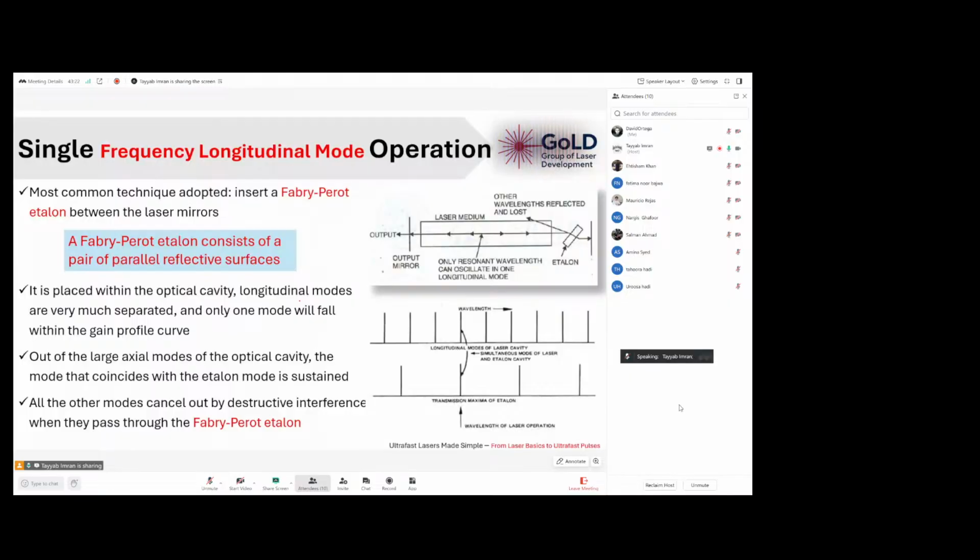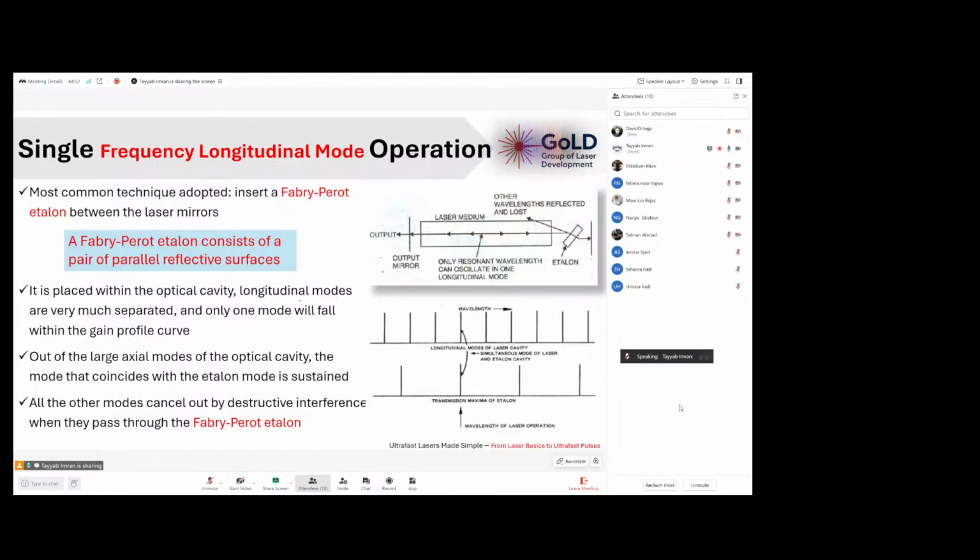These topics may be a little bit complicated for you, but if you go through them after my lecture, maybe you can understand. There are two scientists actually, Fabry and Perot. They designed a kind of etalon, two slides very close to each other, a pair of reflective surfaces.